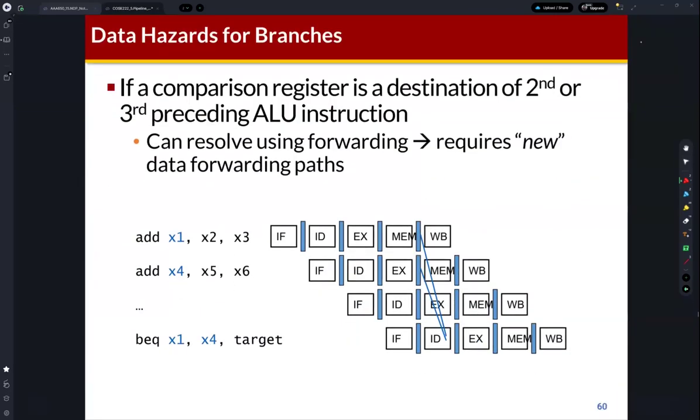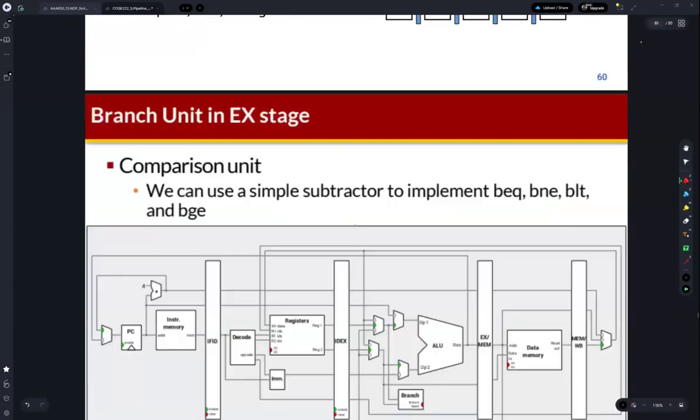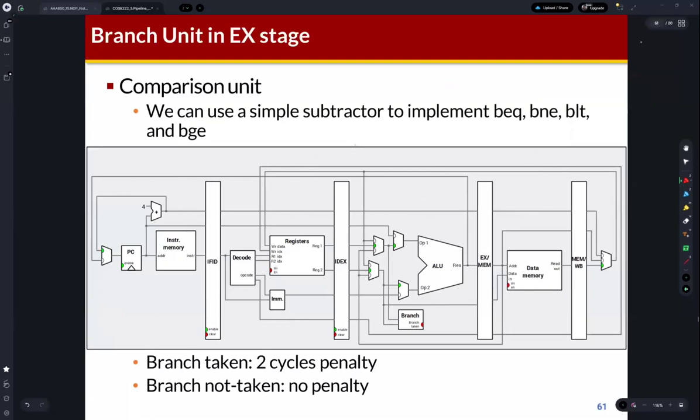So usually this slide explains this new data hazard. Okay. So I think that this design is better. It means we can make a dedicated branch unit just after the forwarding multiplexers.